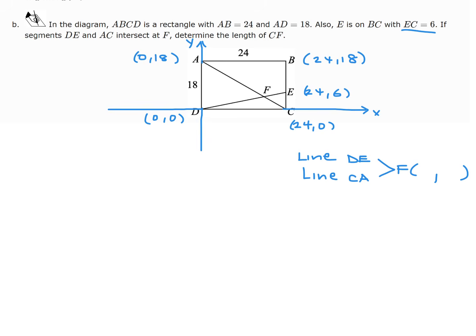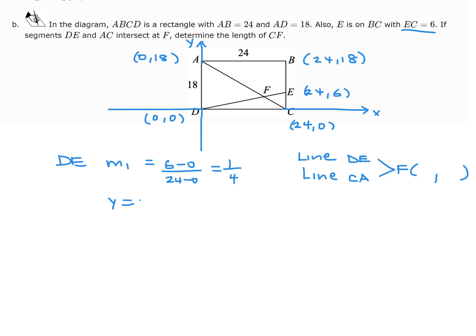So what are we doing first here? It doesn't really matter. Let's do line DE first. So the slope is rise over run. That's going to be 6 minus 0 over 24 minus 0. So that looks to me like a quarter.